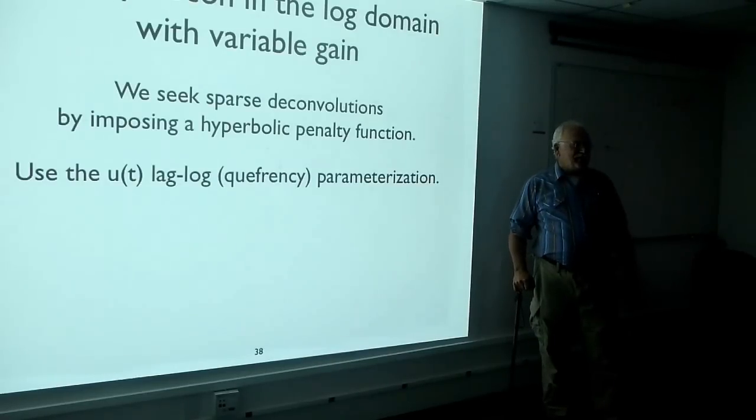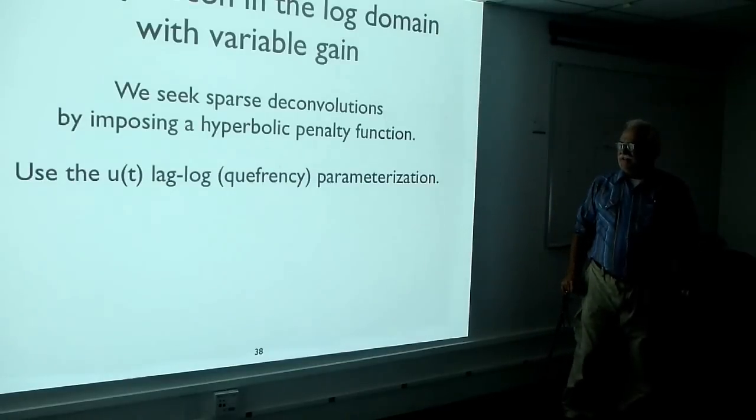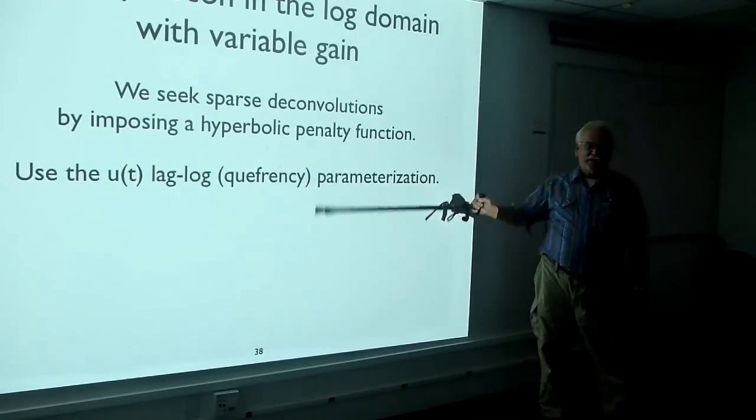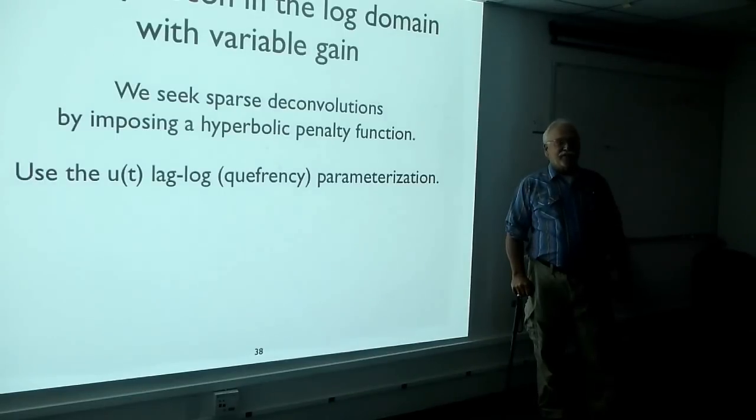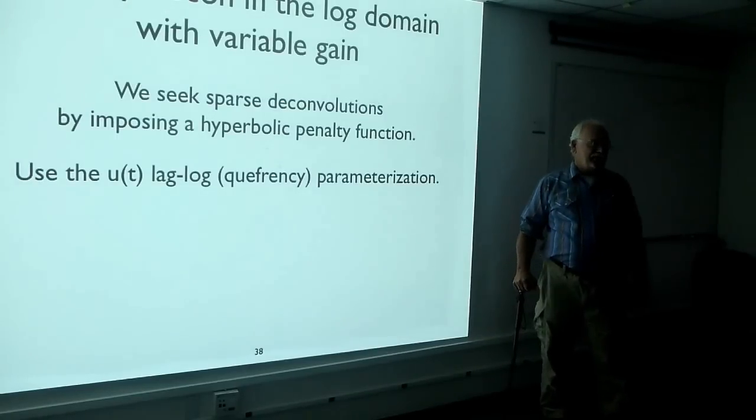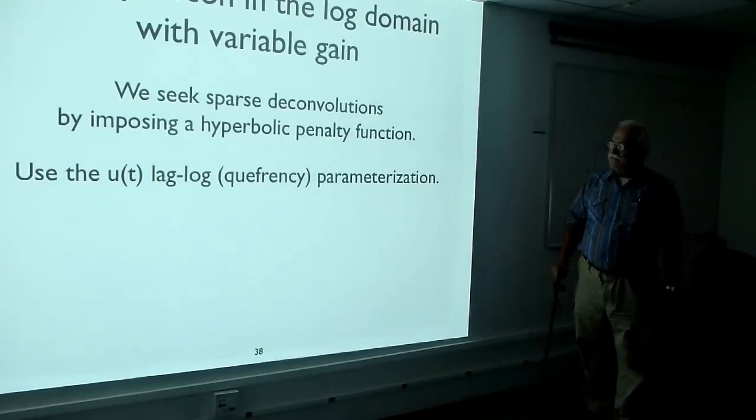I don't like it because it sounds too much like frequency and it's in the time domain. So I call it the lag log space. Incidentally, if you look up quefrency on Wikipedia, you'll discover they don't know what Kolmogorov knows, that causality in the log space gives you causality in the physical space.